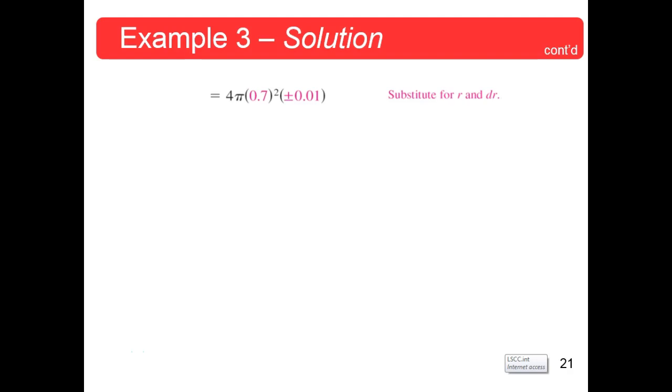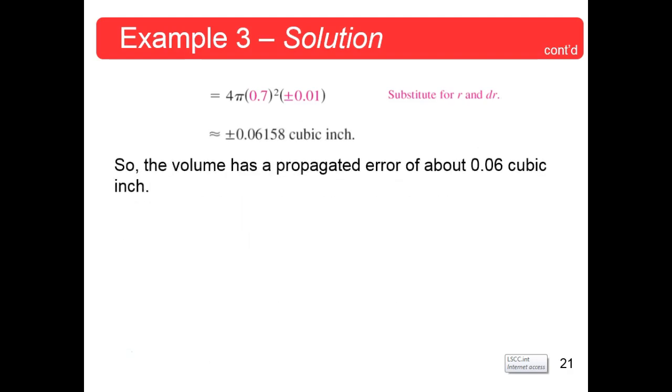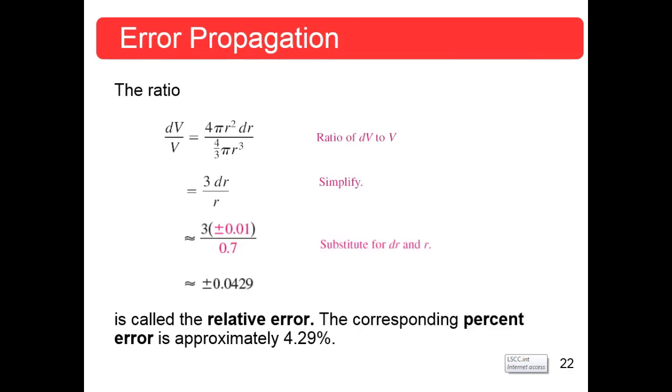And they did the plus or minus on it, and that would be plus or minus 0.06158. Did you have that many digits? I don't know. We just said 0.06, okay? So the volume as propagated error is about 0.06 cubic inch. That's what they said too, okay?